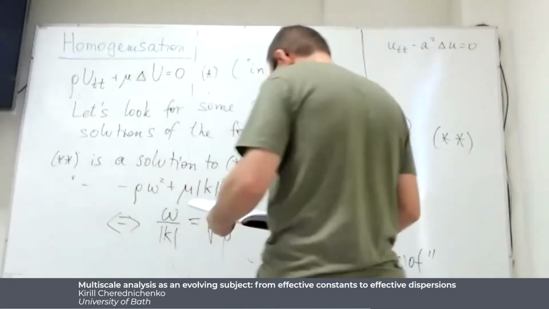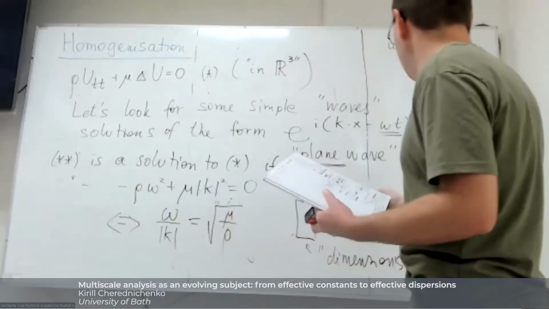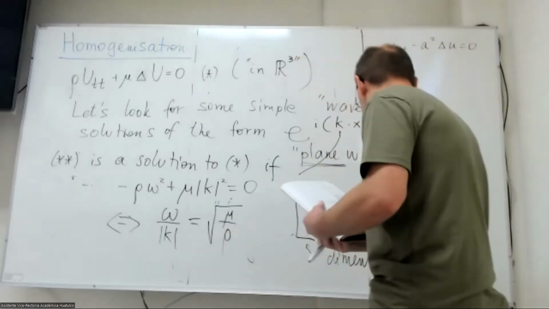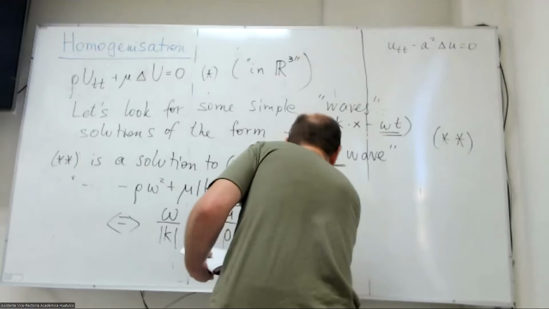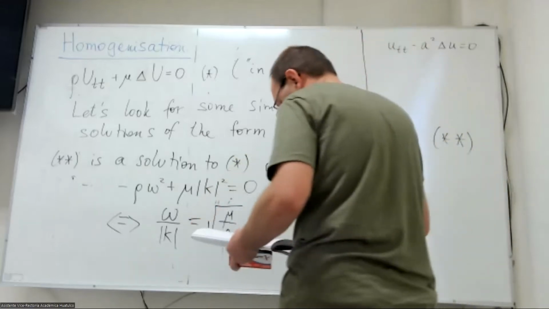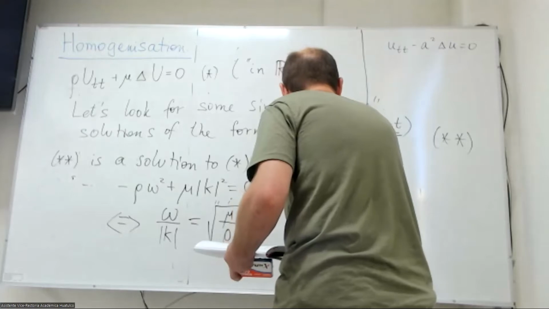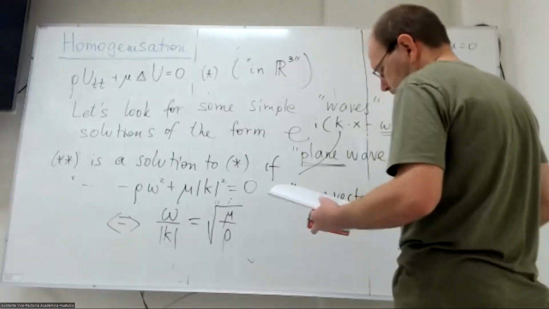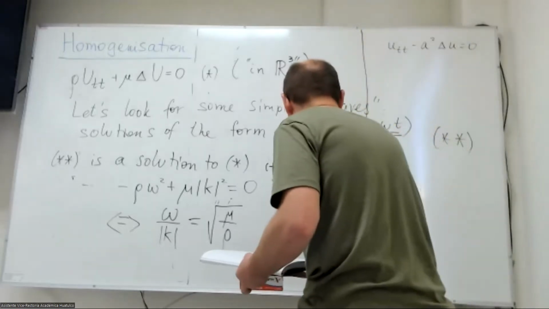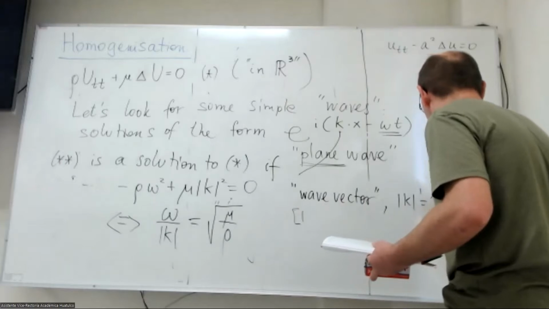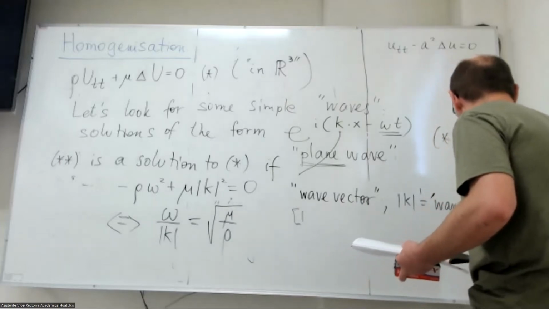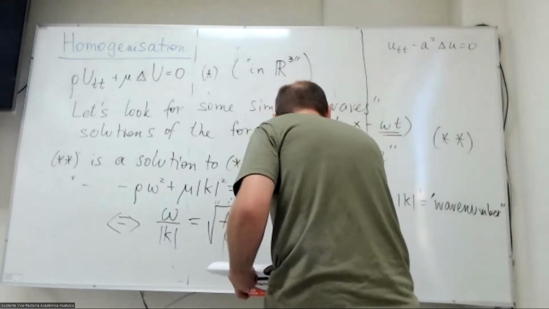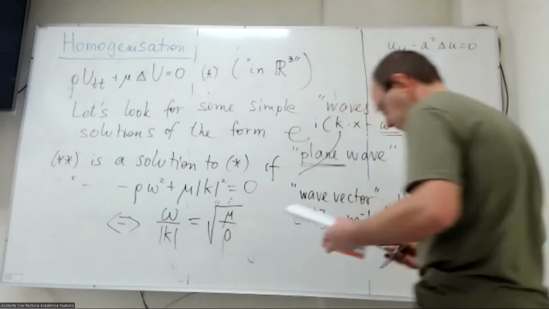Now, k is the wave vector. The modulus of k is the wave number, and its dimensions are meters inverse.